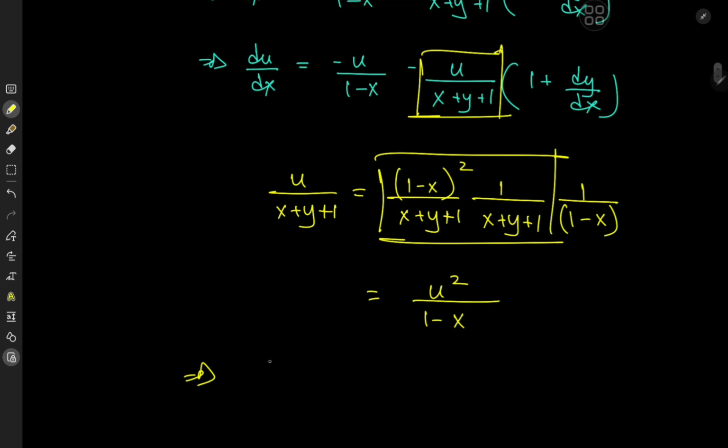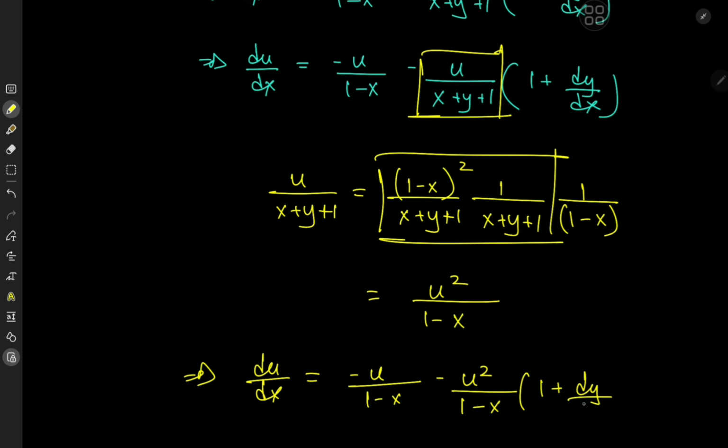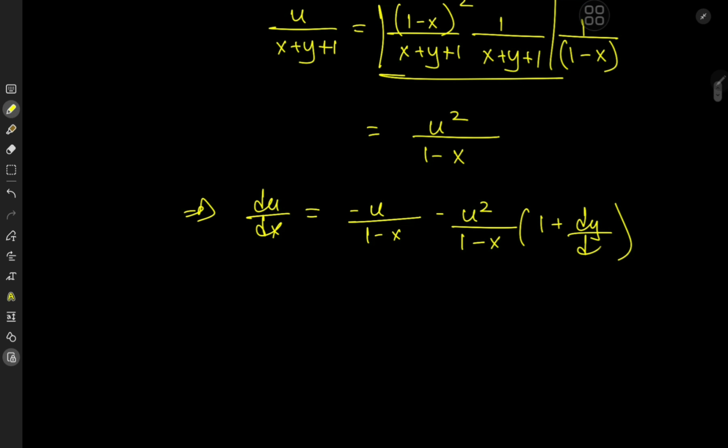So this implies that du/dx equals negative u/(1 - x), and we have this other negative u squared/(1 - x) term times (1 + dy/dx). Okay, cool.